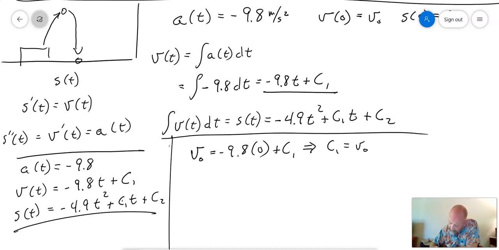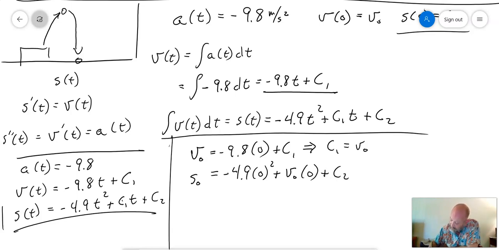In addition to this, our initial position is equal to s naught. So let's see what that does. So s naught, and this time we're using the third equation here, is equal to negative 4.9 times 0 squared, plus, now we already know that c1 is v naught, times 0, so actually that's going to die, plus c2. And that implies that c2 is equal to s naught.